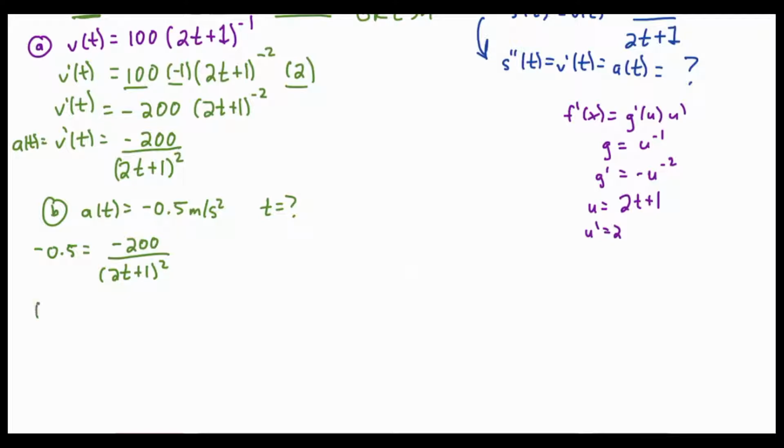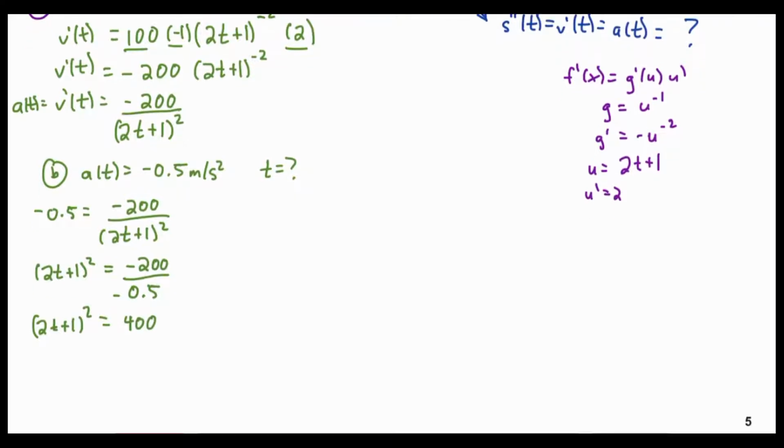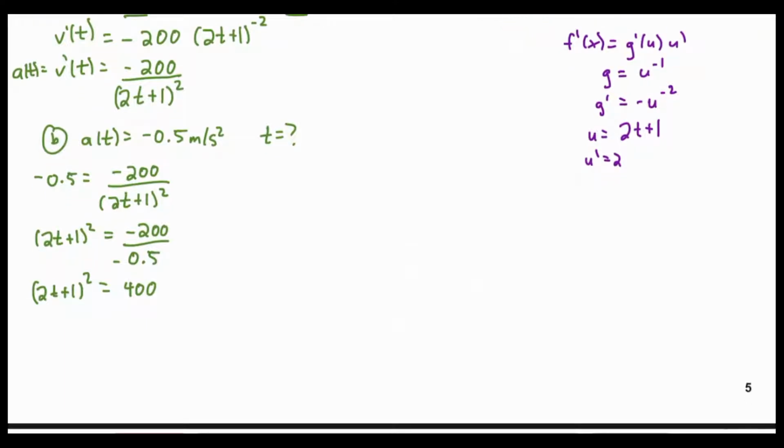So I'm going to find out that 2t plus 1 squared is equal to negative 200 divided by negative 0.5, which means that 2t plus 1 squared is going to be equal to 400. And we can take the square root of each side. I could expand and then just have a standard form quadratic and use the quadratic formula to solve. There's multiple ways of doing this. So if you choose a slightly different approach, that's fine, but I'm going to do things this way.